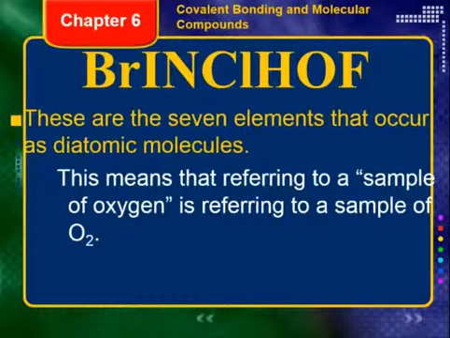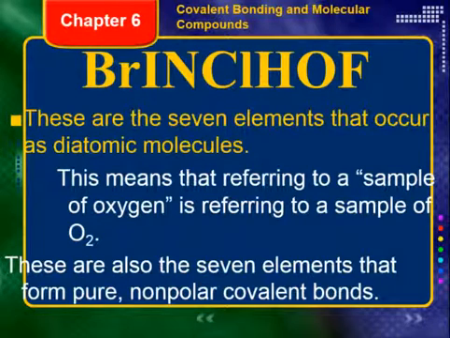This means that referring to a sample of oxygen, you're actually referring to a sample of O2, not just O. Now these are also the 7 elements that form pure non-polar covalent bonds. So last lecture we said that this is actually a very rare thing, because only 7 elements can do it when they're bonded with each other. That makes it fairly rare.